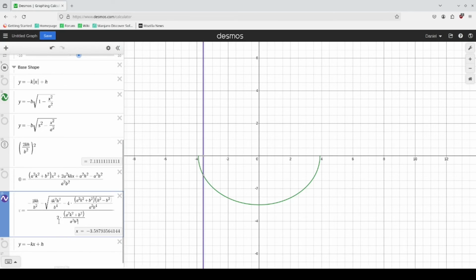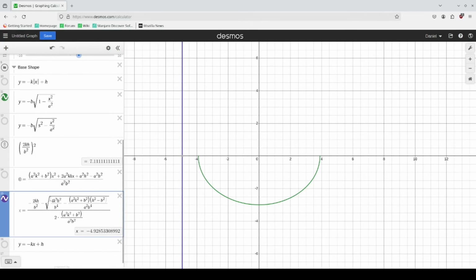This is not as simplified as I was hoping, though. Let's see. We can factor out the 4, and so if we factor out the 4 here and take the square root, that gets us a 2 in the front.